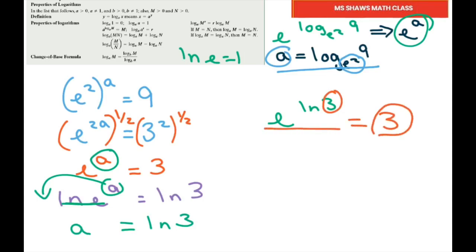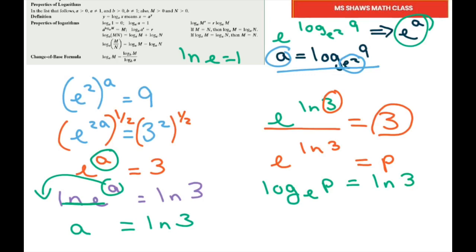If you don't know why that is, I can go over that now if you want. So if you have e to the ln of 3, set this equal to p, and we can write this as a log. You can write this as log base e of p equals ln of 3.